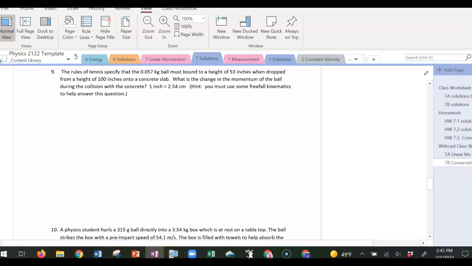Tennis regulations specify that the tennis ball must bounce to a height of 53 inches when it's dropped from a height of 100 inches onto a concrete slab. And we'd like to figure out what is the change of the momentum of the ball during that collision with the concrete. Okay, so just a little diagram here.